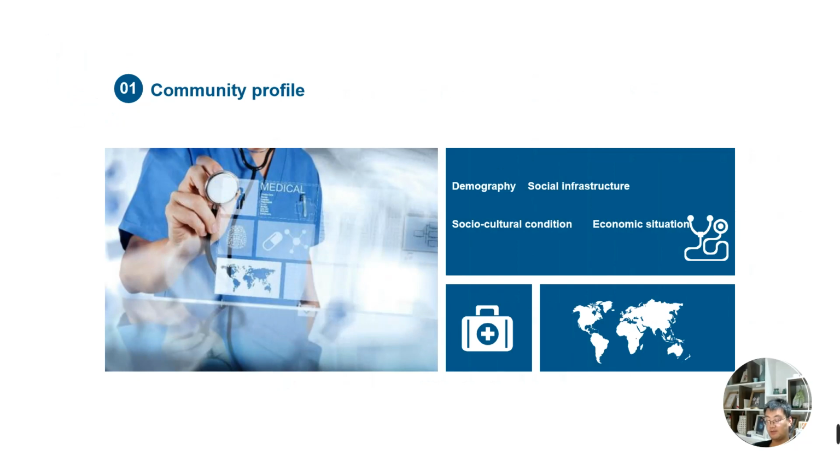The first part: understand the community overview. This includes demographics, social infrastructure, culture, social culture contradiction and economic contradiction.